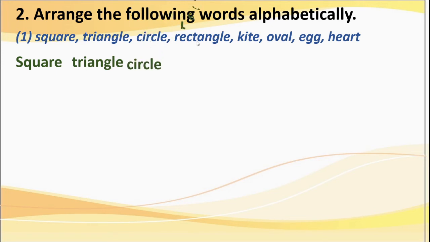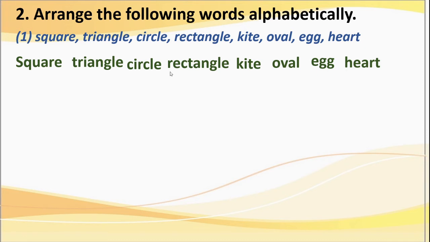This is rectangle. This is kite, oval, egg, heart. Yes, we know the shapes of all these words, isn't it? Just now we have prepared the shapes mobile and in that we used all these shapes, right?